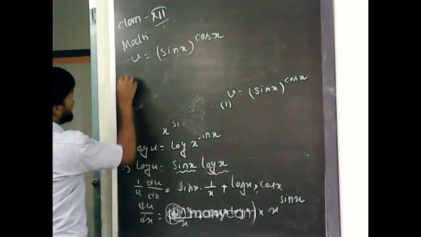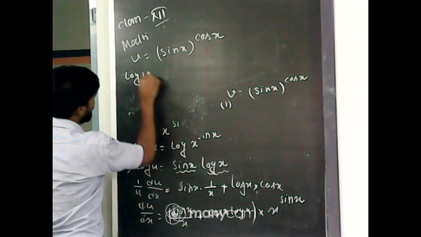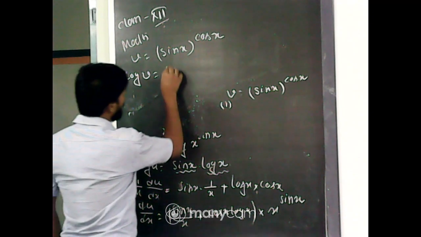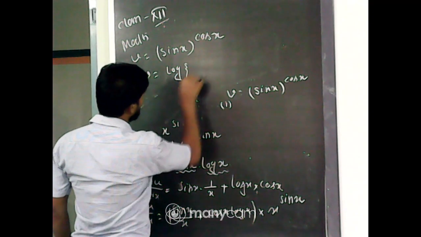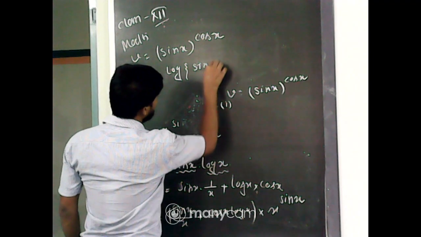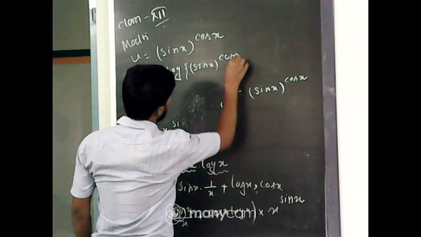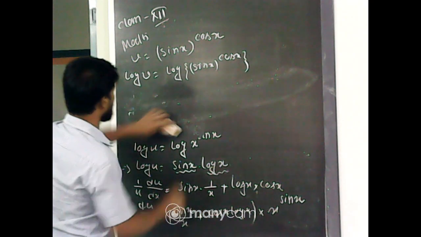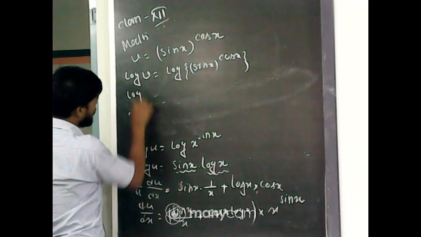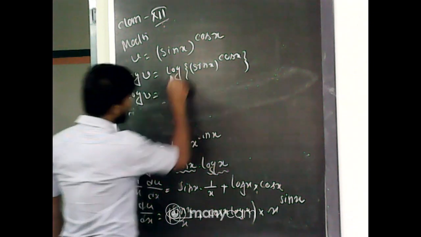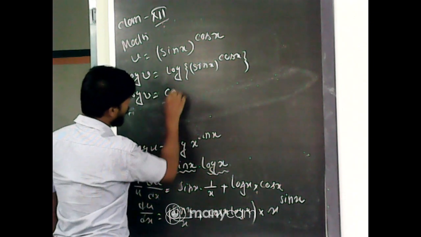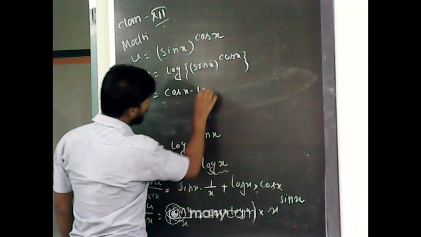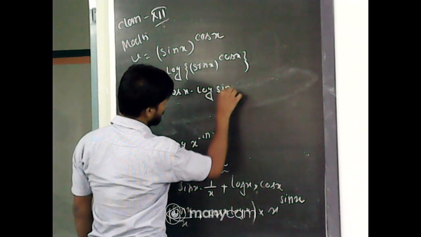Again taking log, we have log v is equal to log of sin x to the power cos x. Apply the formula of log. So log v will be cos x into log of sin x.